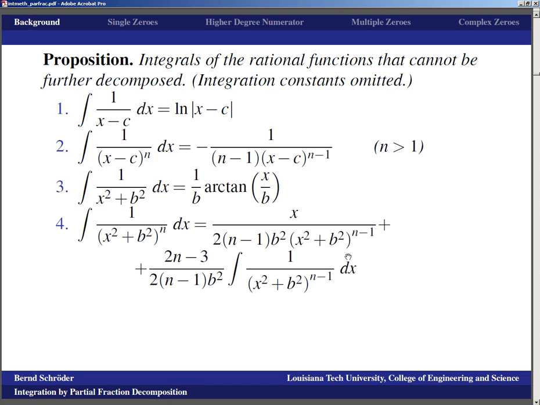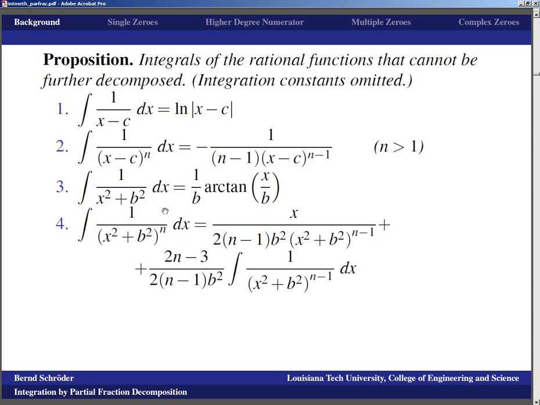Okay, now this one, I'm not sure if I want you to write that out or memorize it, because this is the ugly part. When you've got a 1 over x squared plus b squared raised to the n, you can't really write down the integral directly. What we've got here is what people call a reduction formula, and this reduction formula is done with a couple of, I guess, more or less dirty tricks using integration by parts.